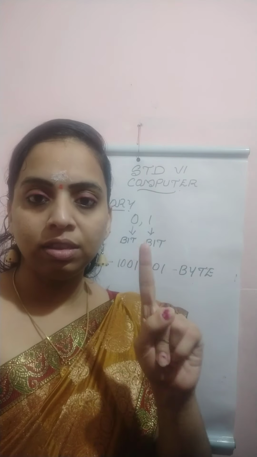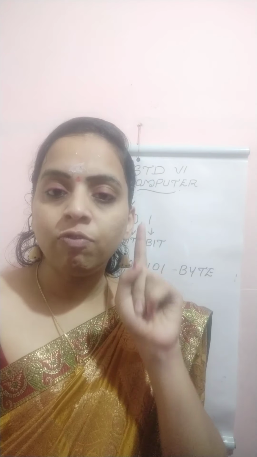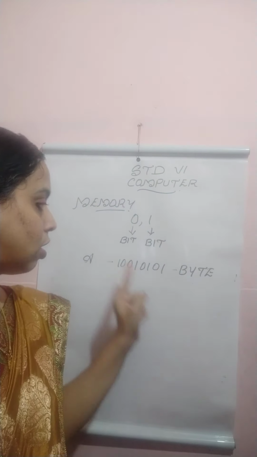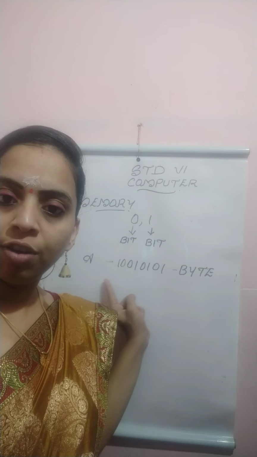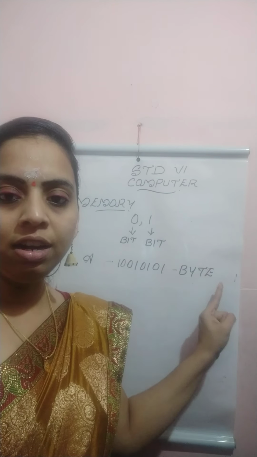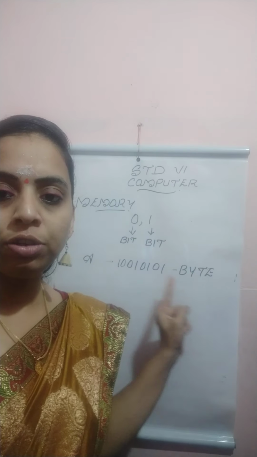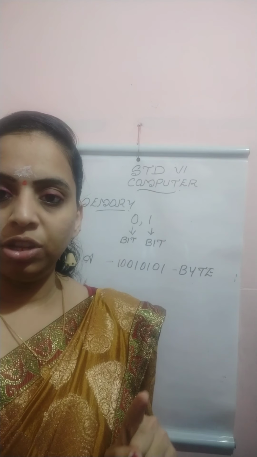One number is known as a bit. So to represent any one letter of the human language, it needs 8 bits. A combination of zeros and ones in 8 bits. A combination of 8 bits is known as 1 byte. Did you understand? So 1 byte is required to represent one letter of human language.